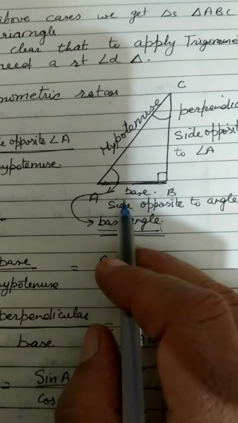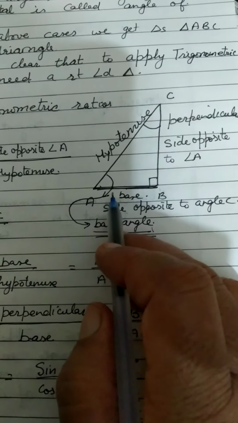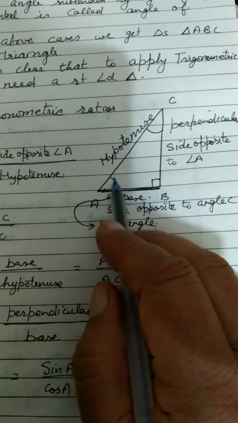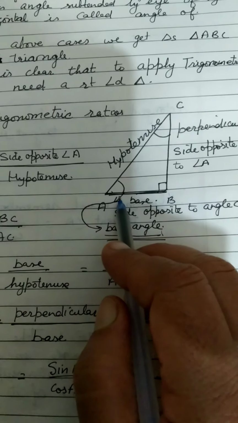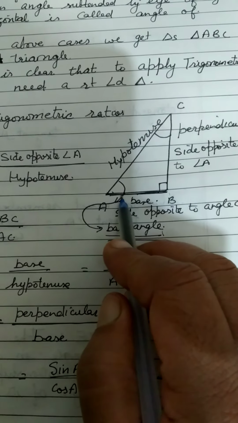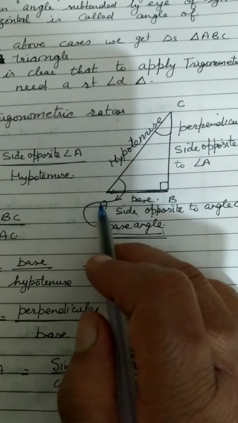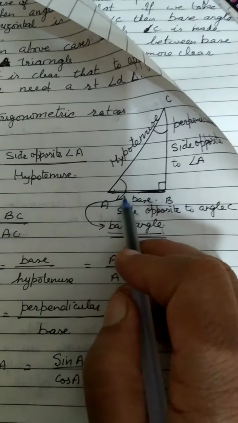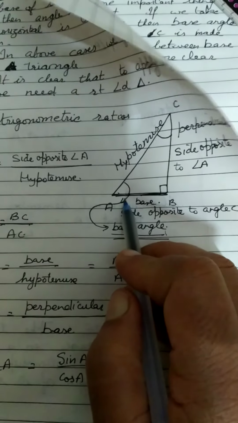Now one thing that we should understand is that if I take angle A as the base angle, meaning I am to find sine A, cos A, tan A, secant A, cosecant A, etc., then this A is the base angle.